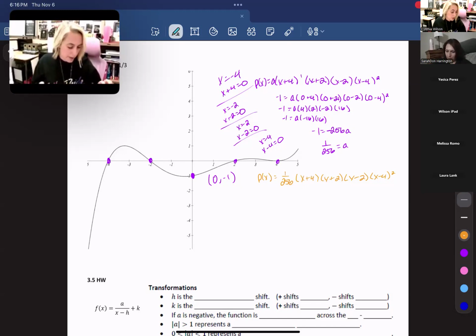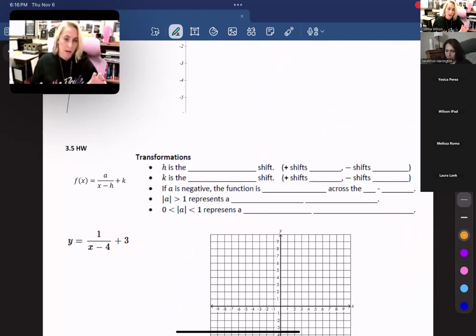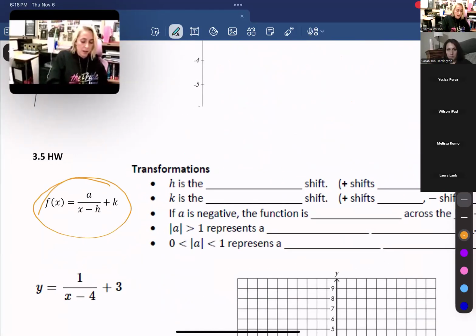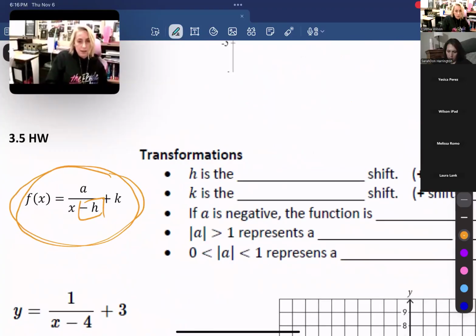Awesome. All right, you need 3.5. A lot of 3.5 comes from the transformation. So this is what I call the parent graph of a rational function. Okay, this number, this variable down here, that h, that's your horizontal shift.